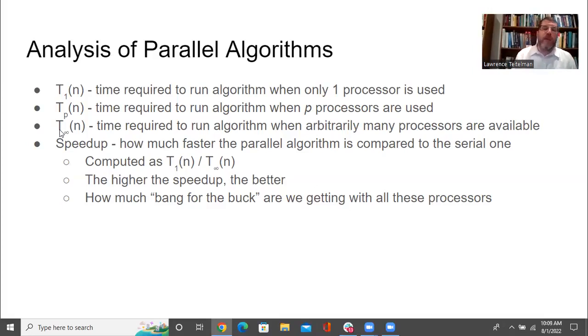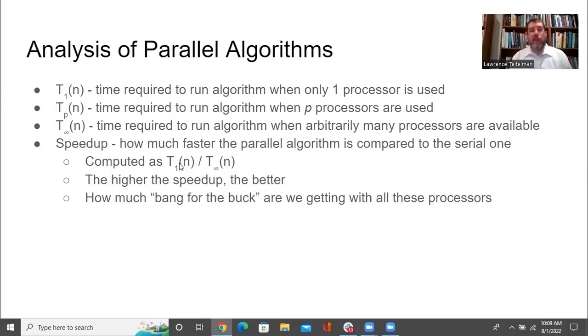Now we come to a very important measure, which is the speedup. If I take the number of operations it would take with only one processor, and the number of operations it would take with as many processors as I want, what is that ratio? We call that ratio the speedup.